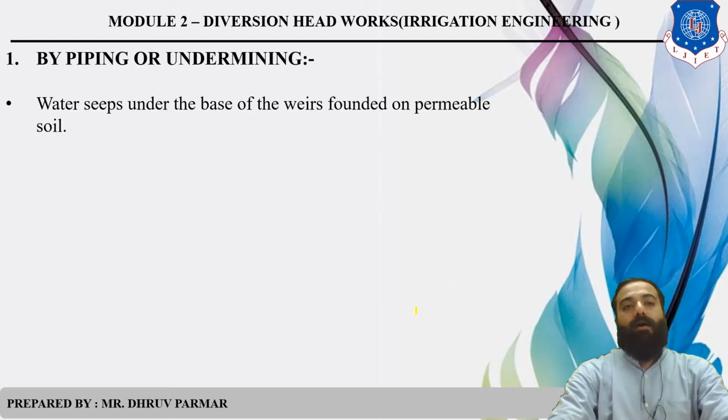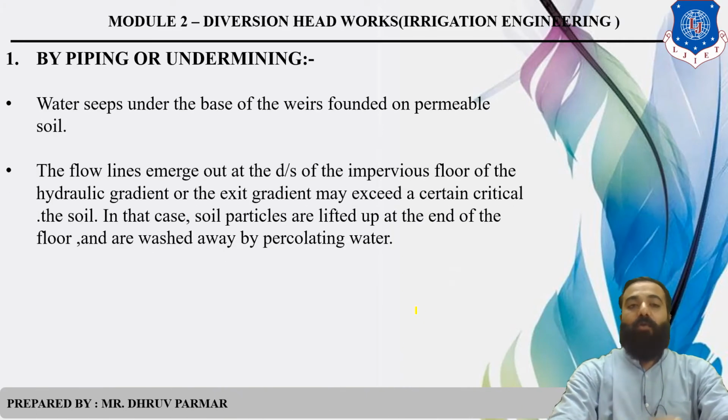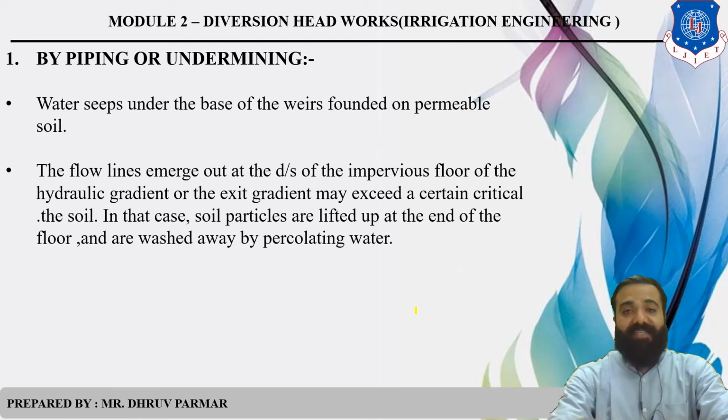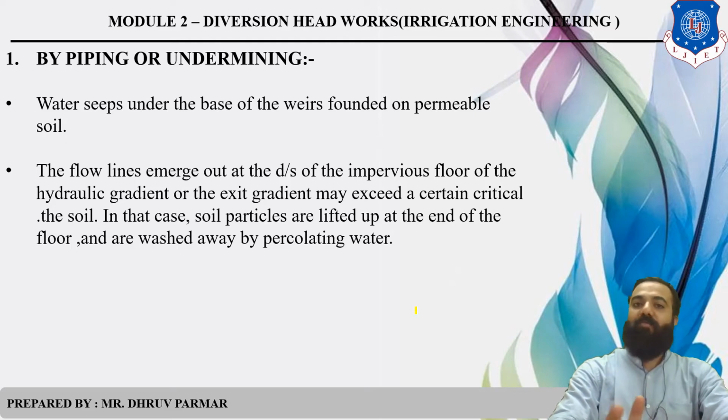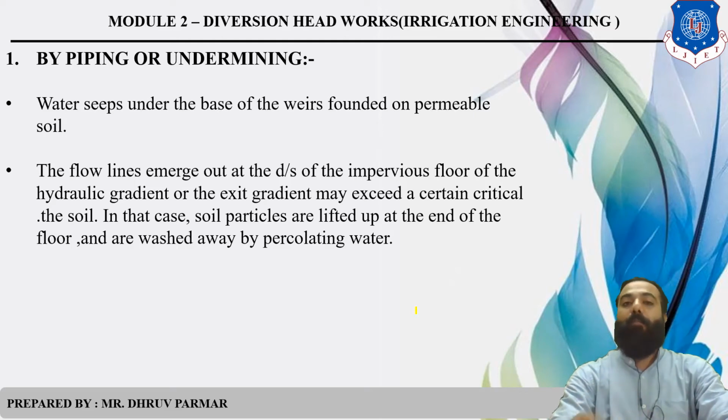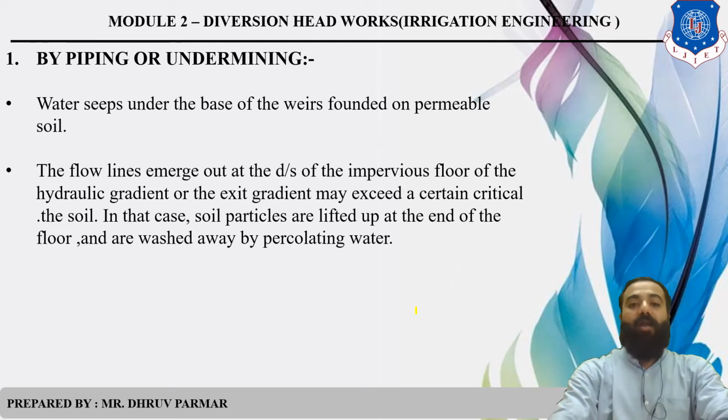What is the situation in piping? Water seeps under the base of the weir through permeable soil. The flow line emerges at the downstream side, and the exit gradient of the impervious floor may exceed the critical limit for the soil, with a maximum limit of 1. If the exit gradient is above 1, piping or undermining will occur.